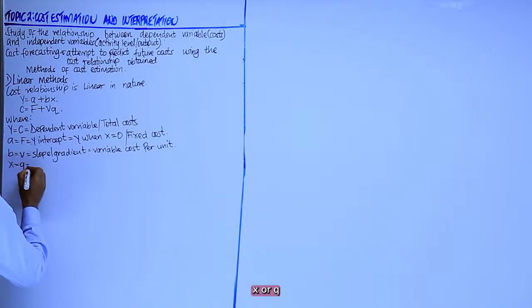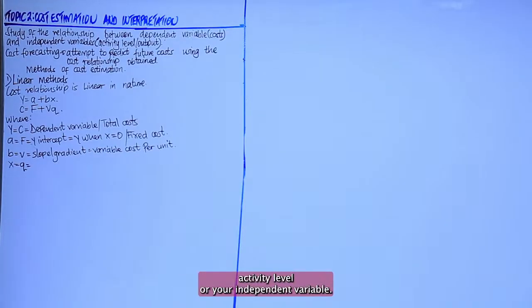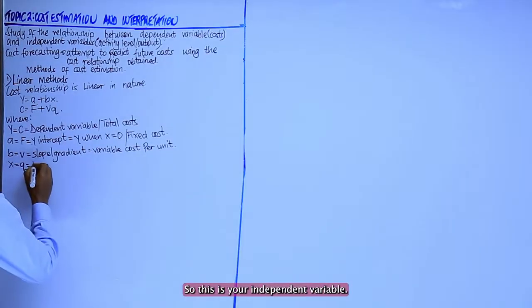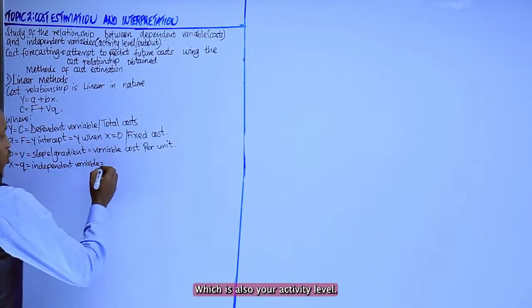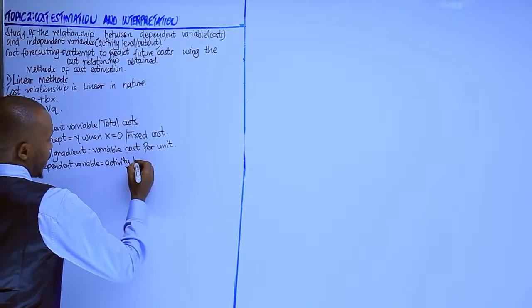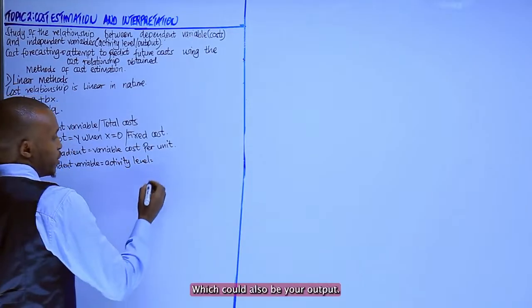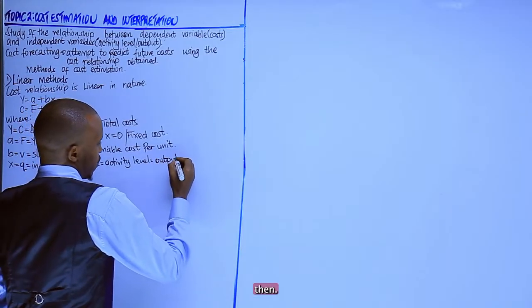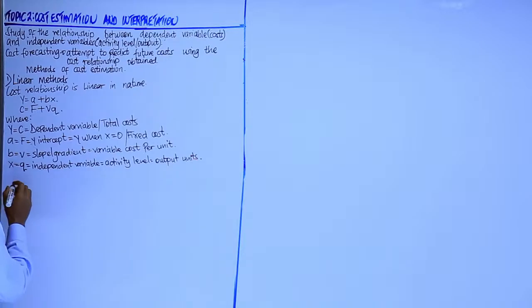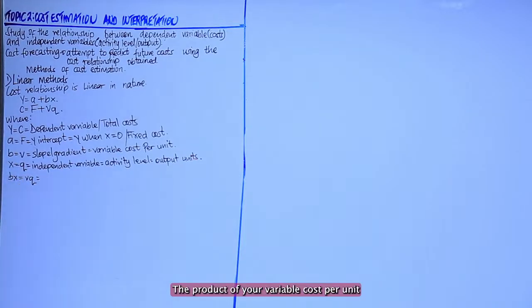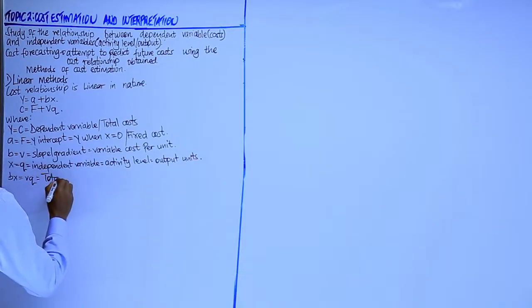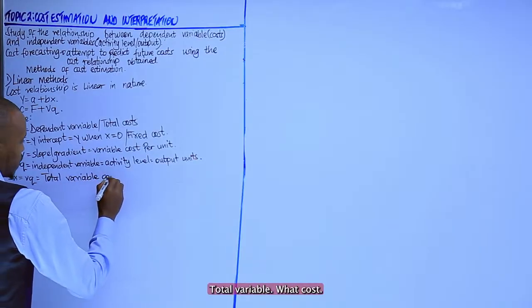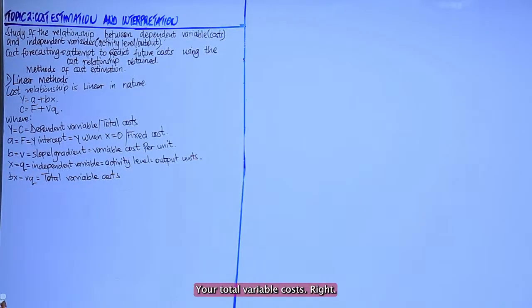X or Q, X here is your activity level or your independent variable, which could also be your output. The product of your variable cost per unit and your activity level will give you your total variable cost.